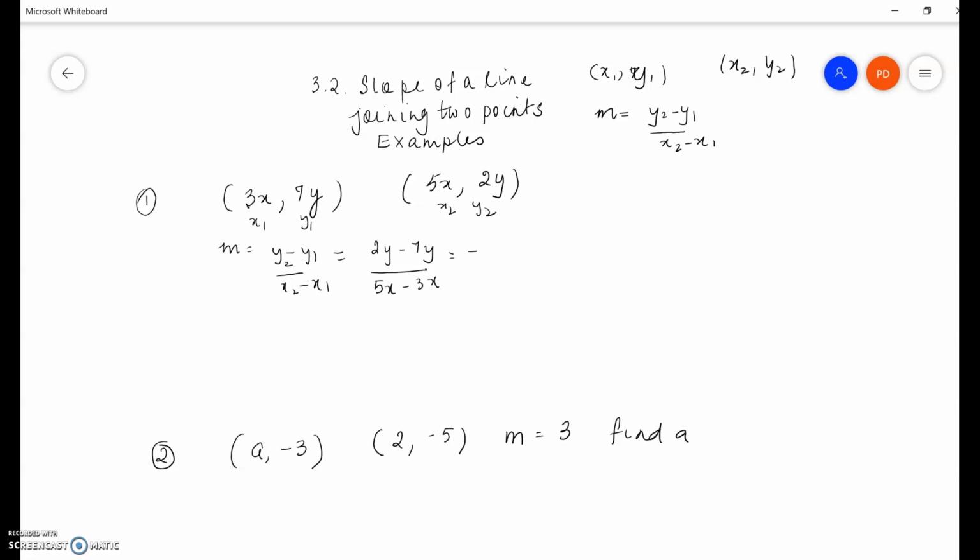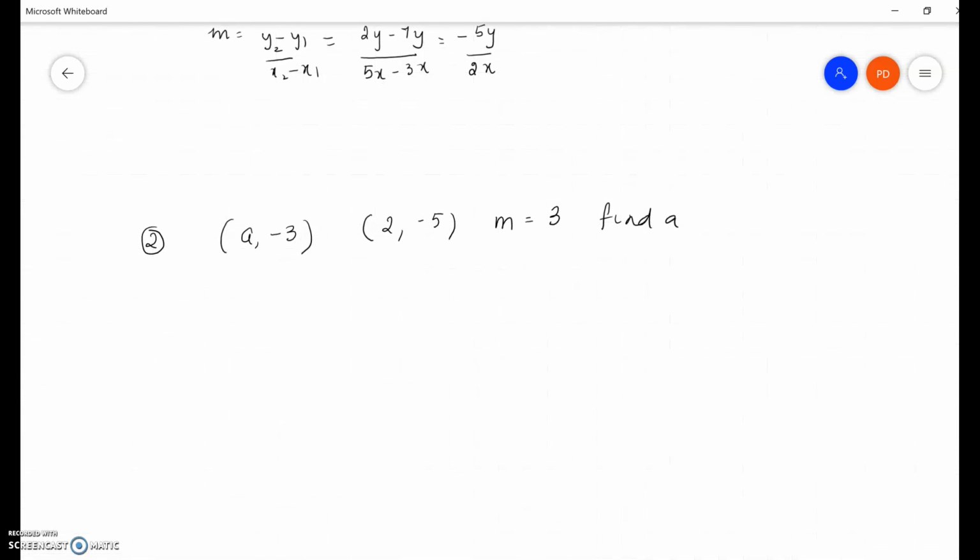So that's 2y minus 7y is negative 5y divided by 5x minus 3x, which is positive 2x. So the slope is negative 5y divided by 2x.